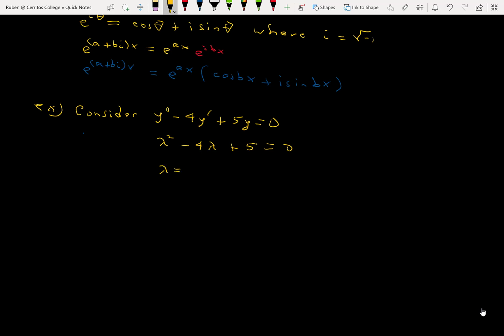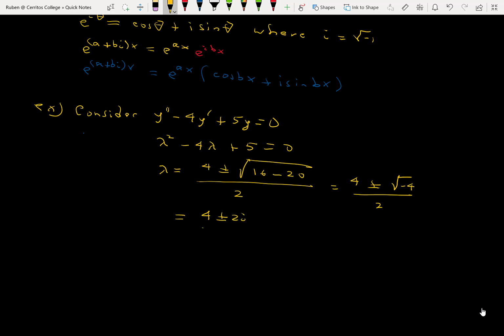The quadratic formula says that lambda equals negative b plus or minus the square root of b squared minus 4ac, all over 2a. This gives us 4 plus or minus the square root of negative 4 over 2, or 4 plus or minus 2i over 2, or 2 plus or minus i.